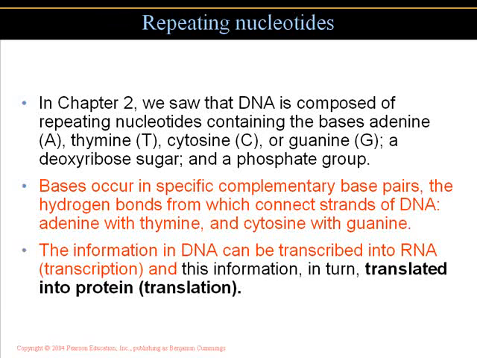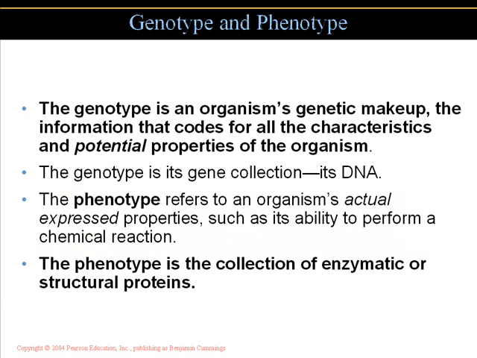Nice little statement there at the very end that ties everything together. Again, information in the DNA is transcribed into RNA in the transcription process, and then the information is in turn translated, or read, into protein, related to translation.